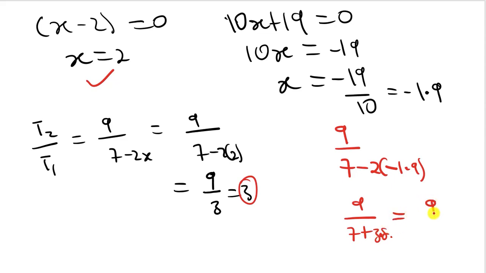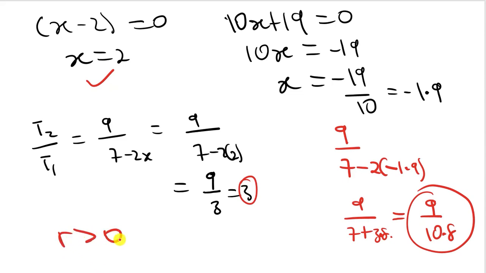And this will give us 9 over 10.8, which is less than 0. But the question said r is supposed to be greater than 0. Therefore, the x that is going to make sure the common ratio is greater than 0 is x being equal to 2.